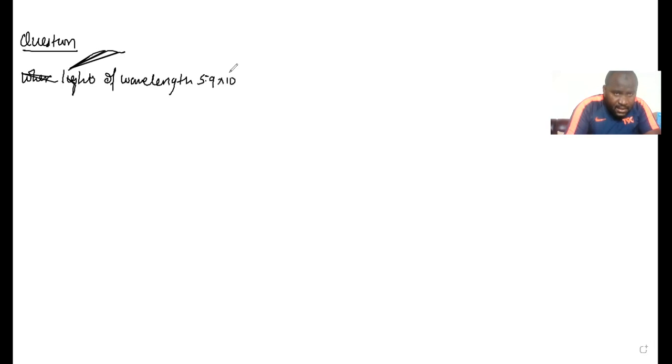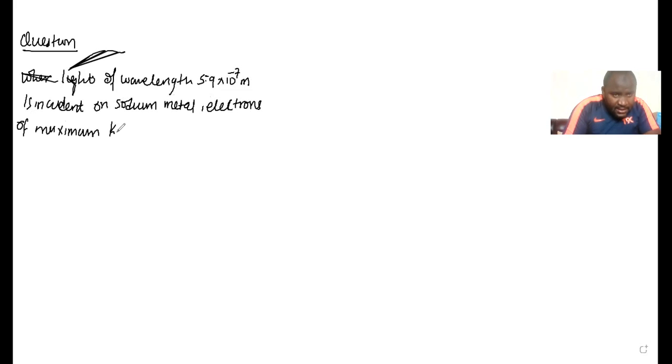The question says, when light of wavelength 5.9 times 10 to the power negative 7 meters is incident on sodium metal, electrons of maximum kinetic energy (1.7 times 10 to the power negative 20 joules) are emitted.